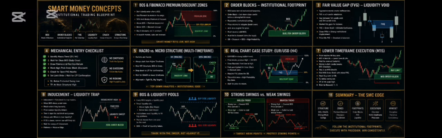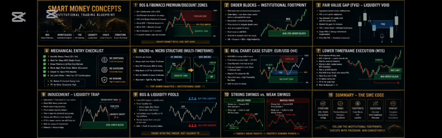Step 1, identify the macro trend on the daily or four-hour time frame clearly. Step 2, wait patiently for a clean body-closed break of structure to print. Step 3, draw your Fibonacci tool from the swing low to the swing high to find equilibrium.